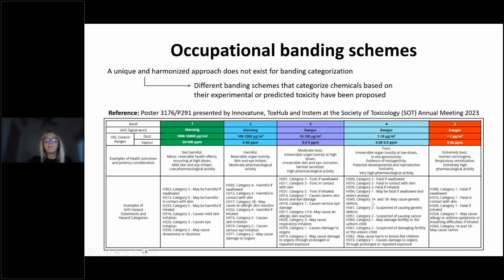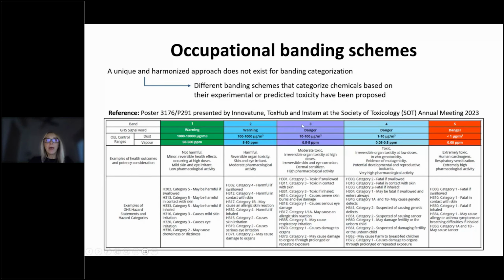However, if the experimental evidence is not available, so when we are dealing with data-poor substances, the toxicological profile can be assessed by means of in silico methods. And based on the toxicological profile that is, in such a case, predicted, a given band can be assigned, with then the associated upper and lower limits related to that given band.